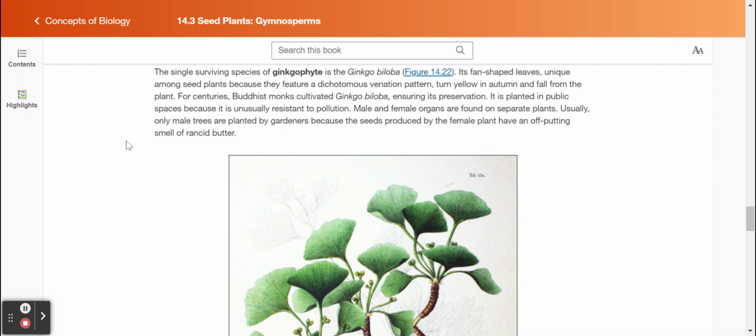For centuries, Buddhist monks cultivated Ginkgo biloba, ensuring its preservation. It is planted in public spaces because it is unusually resistant to pollution. Male and female organs are found on separate plants. Usually only male trees are planted by gardeners because the seeds produced by the female plant have an off-putting smell of rancid butter.